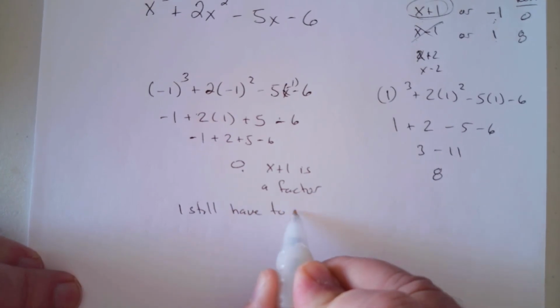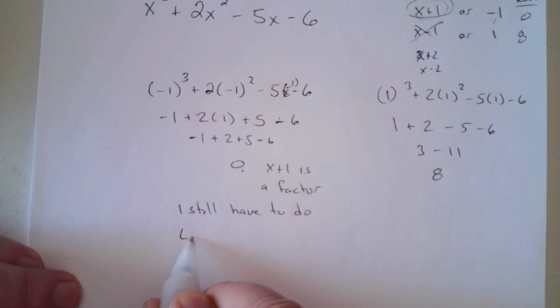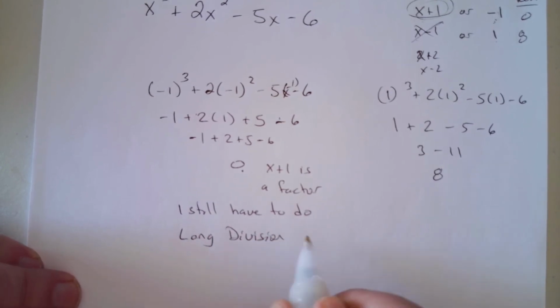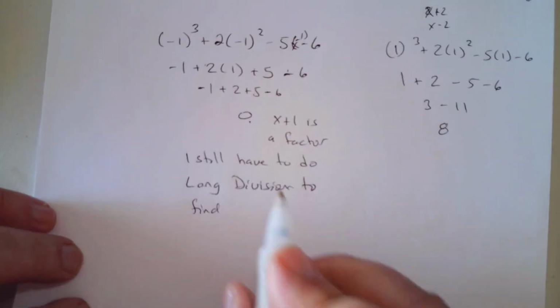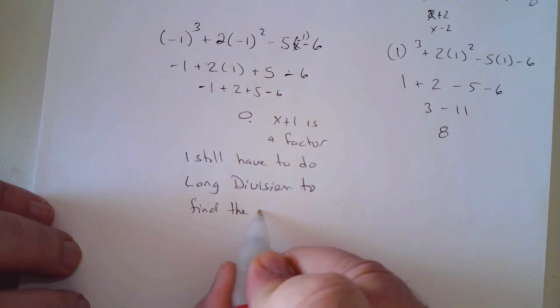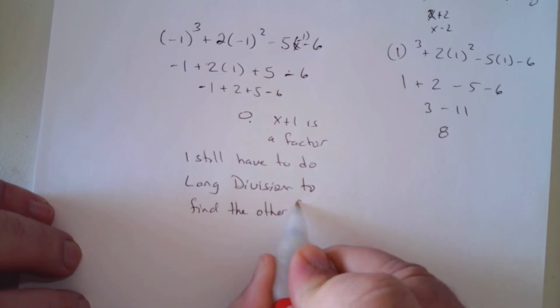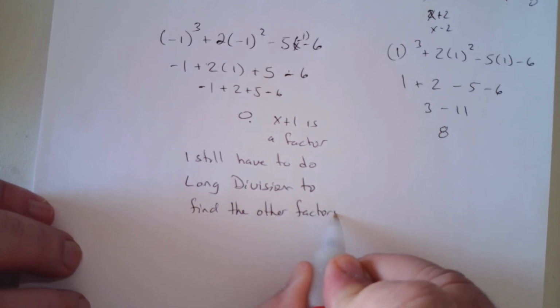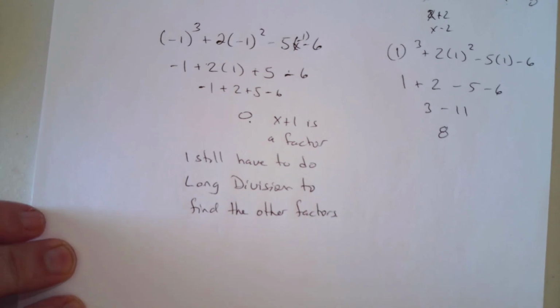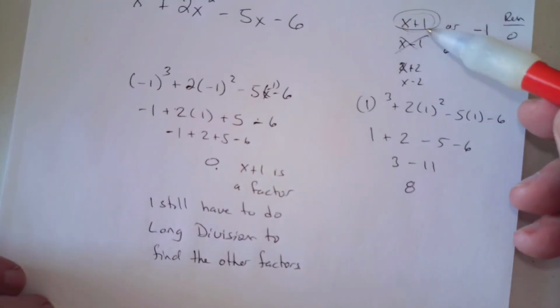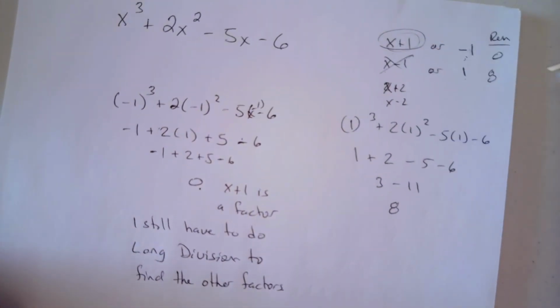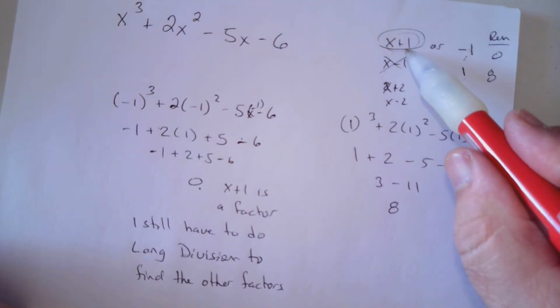I still have to do long division to find the other factors. I mean, you could try this all the way through, but the answers won't always be whole numbers.